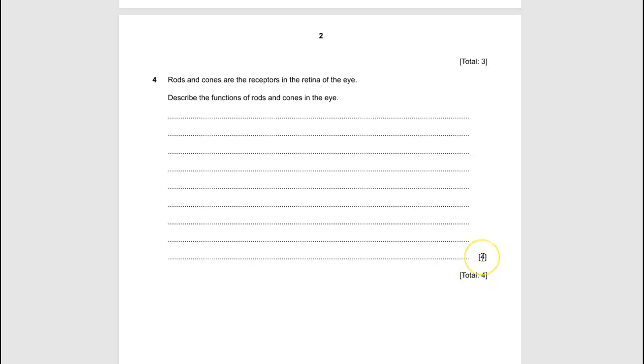Okay. This is 4 marks, so it consists of 4 points. Rods help see in dim light and are responsible for black and white vision. They do not detect color but are very sensitive to light. That is almost 3 points. And the 4th point is cones are responsible for sharp details and color vision.